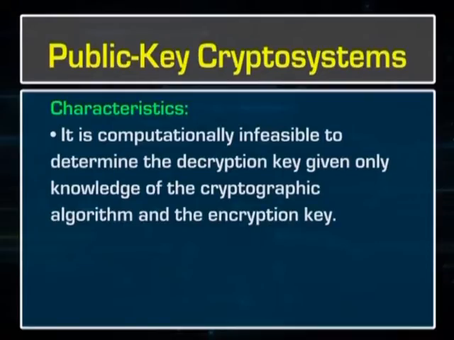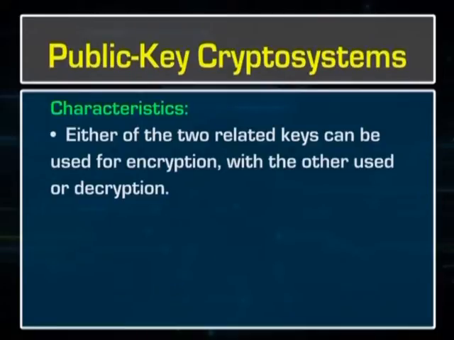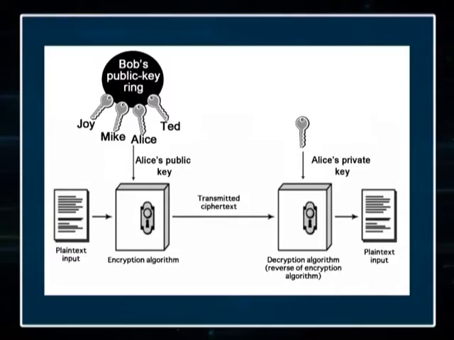It is computationally infeasible to determine the decryption key given only knowledge of the cryptographic algorithm and the encryption key. In addition, some algorithms such as RSA also exhibit the following characteristic. Either of the two related keys can be used for encryption with the other used for decryption. The main components of asymmetric key cryptography are as shown in the figure.